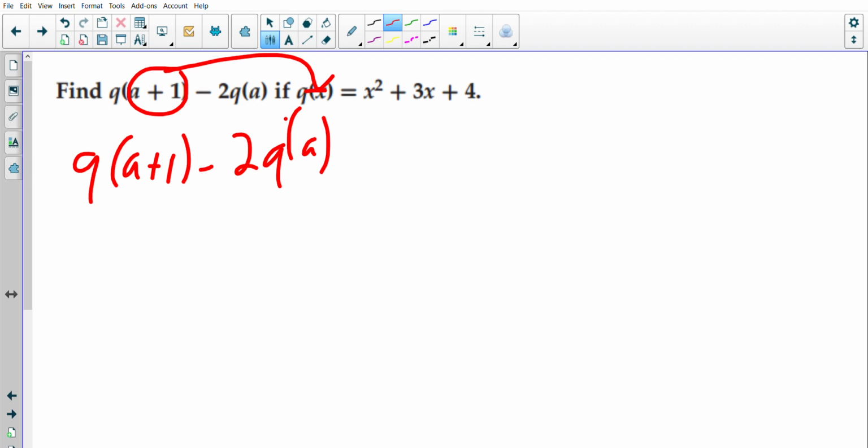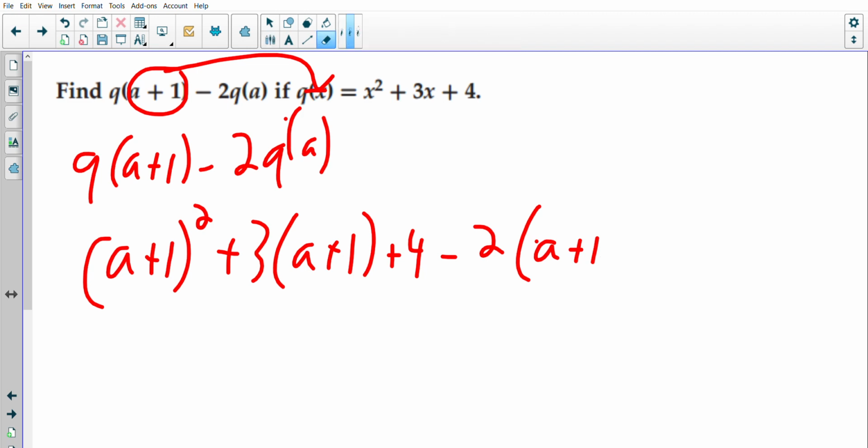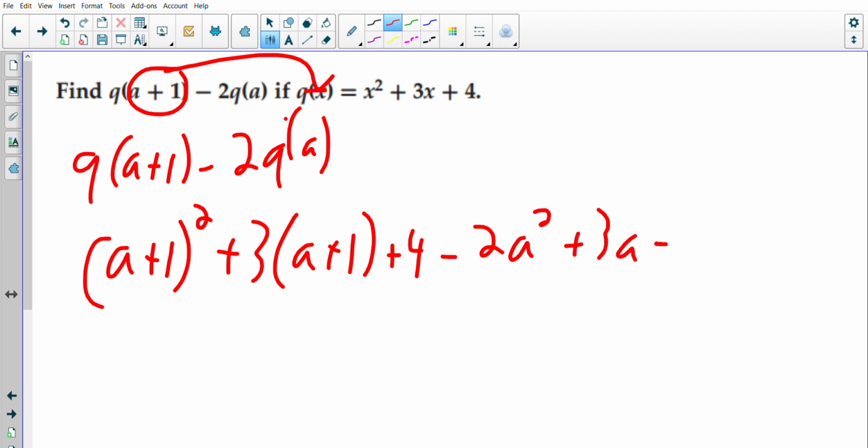Anywhere there's an x, you put in a plus 1. So we get a plus 1 squared plus 3 times a plus 1 plus 4, minus 2 times, and now we're at just a squared plus 3a plus 4.